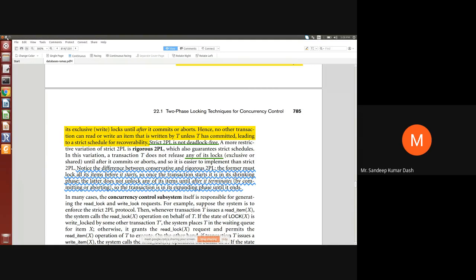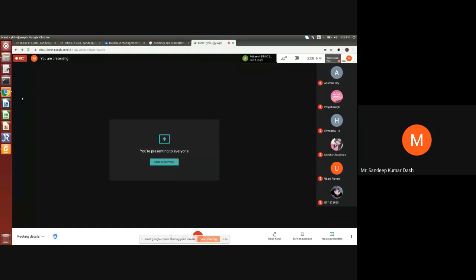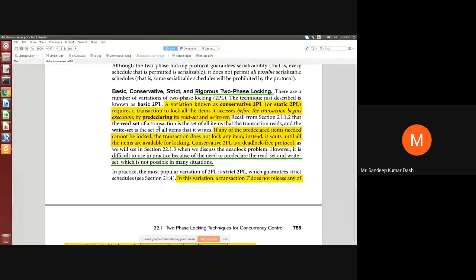Then conservative two-phase locking is a kind of not practically possible locking concept. So based on that, strict 2PL has come and rigorous 2PL has come.